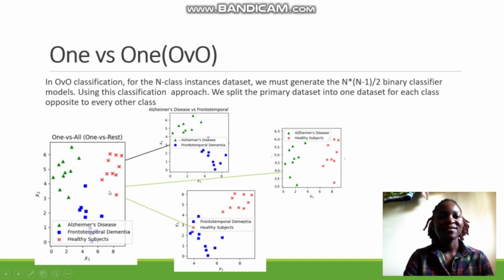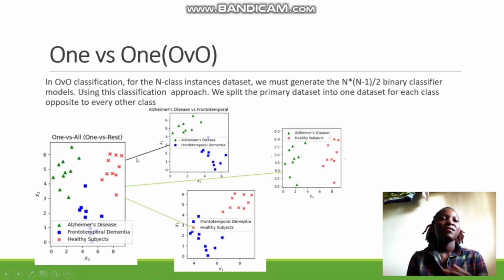This is to illustrate what's in this text. We have our main dataset with the three classes, so we create binary classifiers. Each classifier is using two pairs, and the pairs are different from other classifiers.